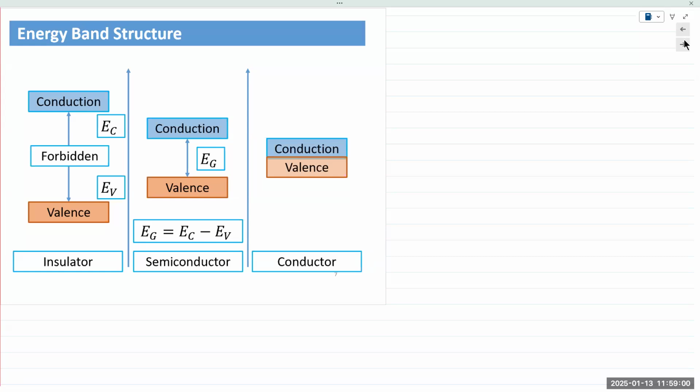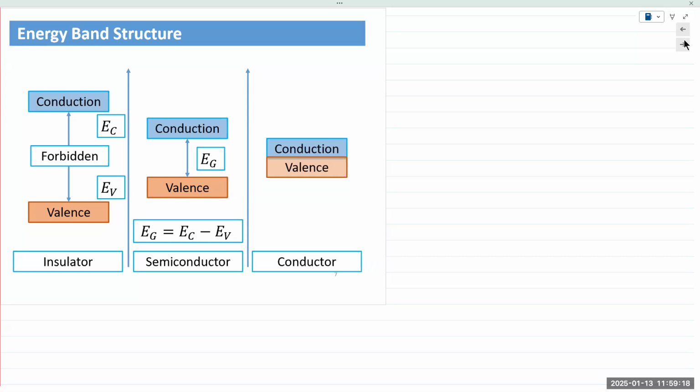We don't need to impart any external energy. They're already there, available because the electrons occupy the valence and the conduction bands at the same time, meaning the electrons always have sufficient energy.